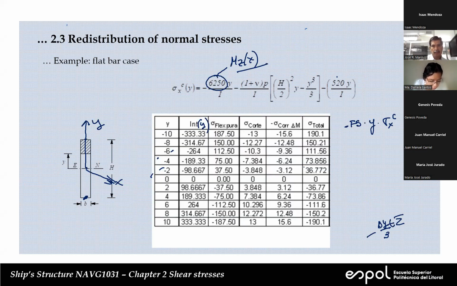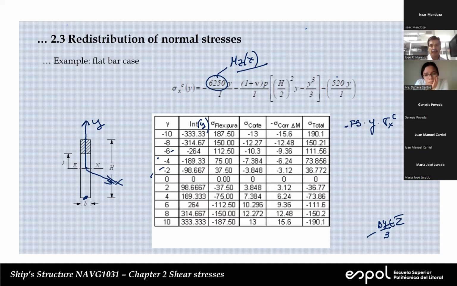So this is a summary of that. We have to be careful because in this case, y starts at minus 10, at the bottom, and then we go up, but in our case, in the first column, we come down.